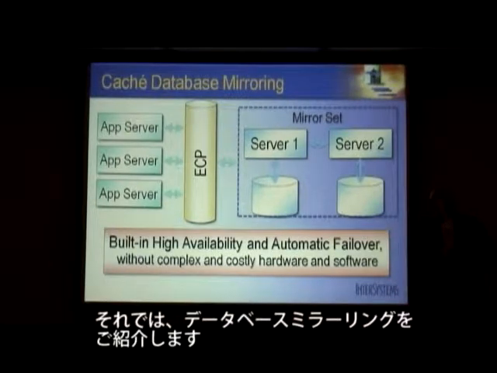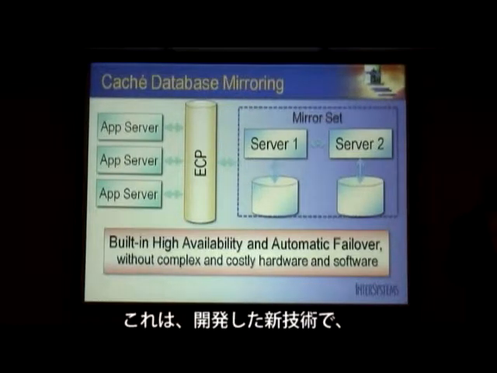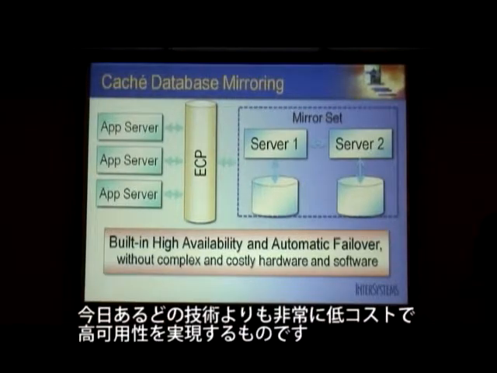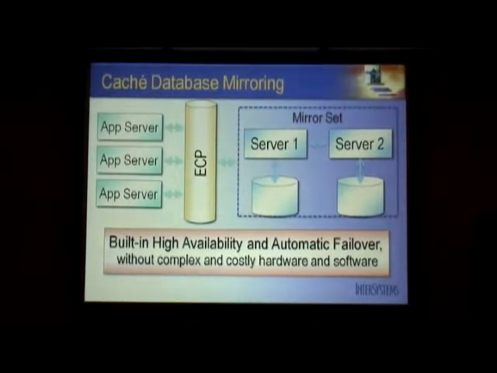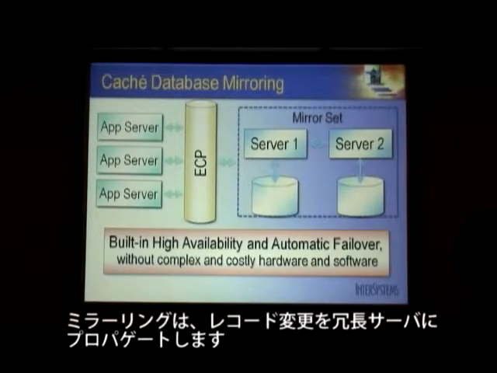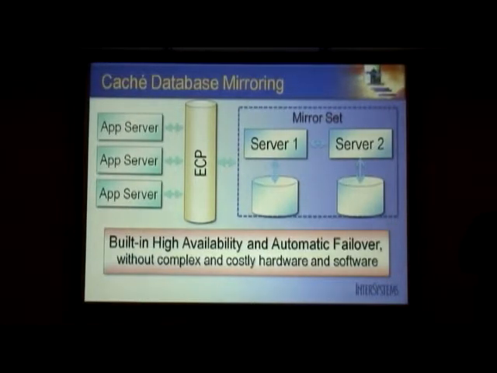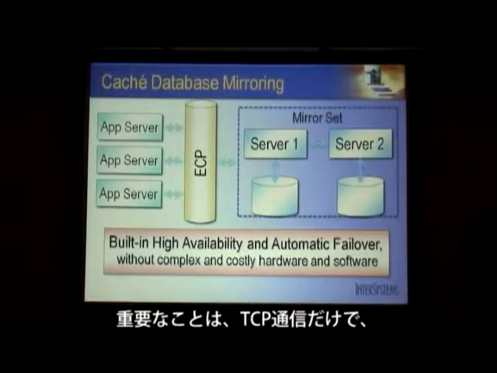Another really important feature that I want to discuss is what we call database mirroring. This is a new technology that we have invented that gives you high availability at much lower costs than any other solution available today. Mirroring uses change records, propagates them to redundant servers. The key thing, though, is that those servers only need to be connected via TCP.